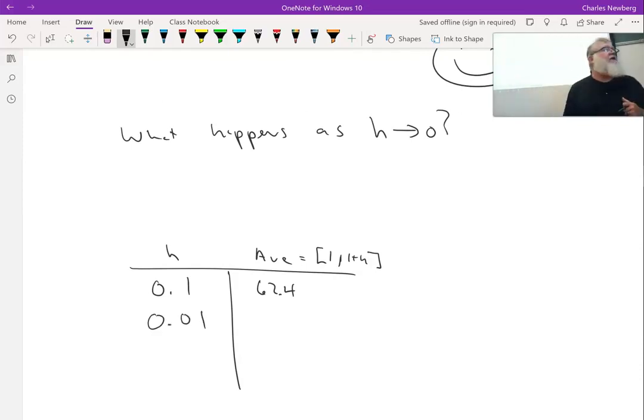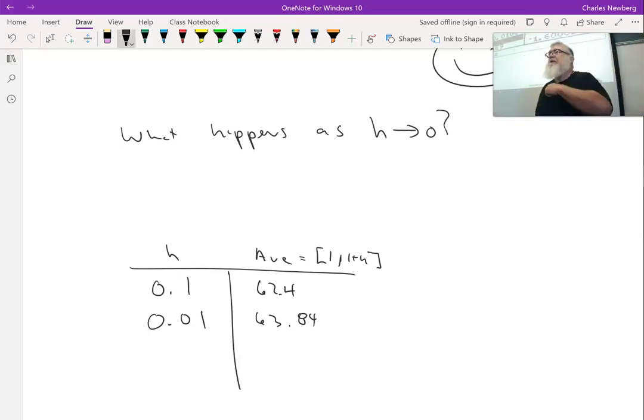How about a hundredth? So let's put in 0.01. Hit enter. And what is that? That is 63.84. Everybody with me on these values? All right, I'm going to go to large screen here.